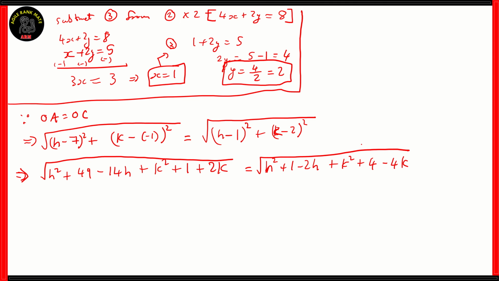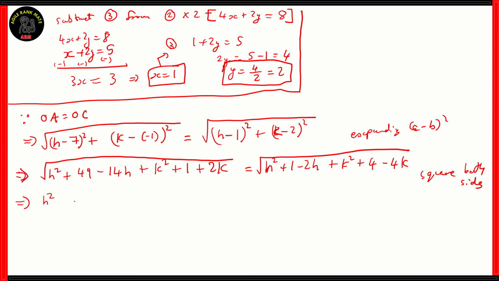So over here, we can remove the roots by squaring both sides. So the first step is expanding (a minus b) the whole squared. Second step is squaring both sides.